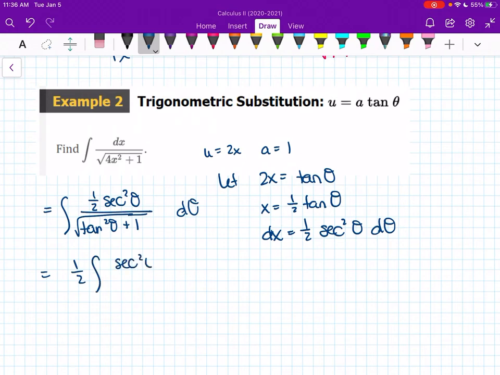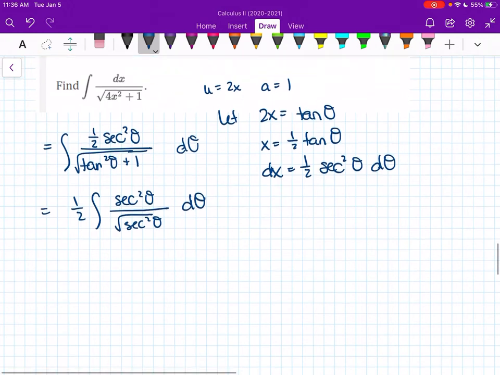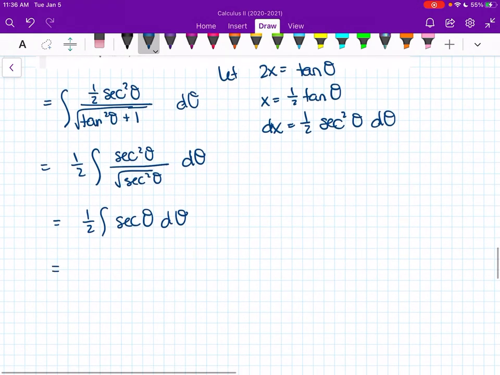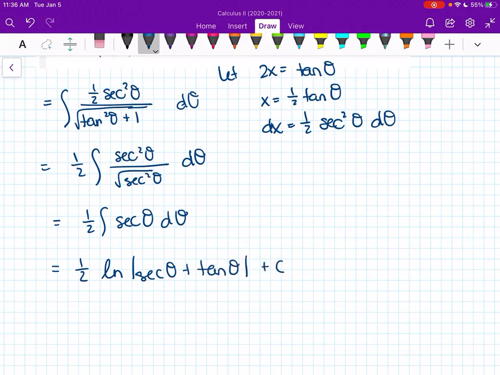So now I have secant squared on the numerator, and then I have square root of secant squared on the denominator. So then I just have 1/2 times the integral of secant theta d theta, which then if I use my handy dandy formula sheet, it's this long thing with natural logs and the absolute value of secant theta plus tangent of theta plus c.